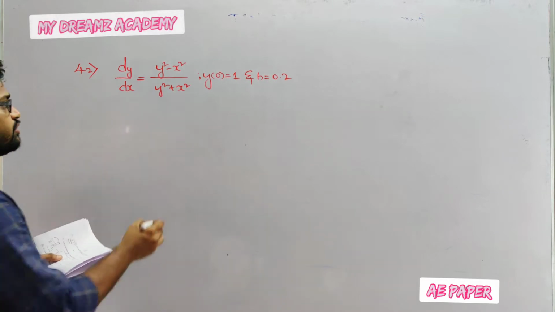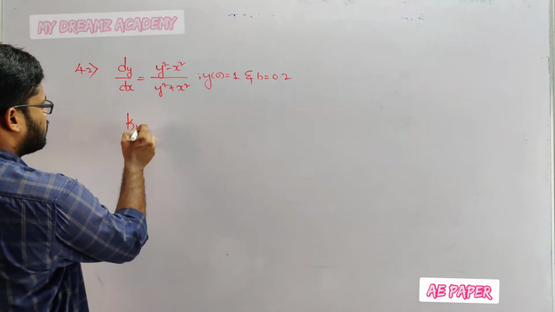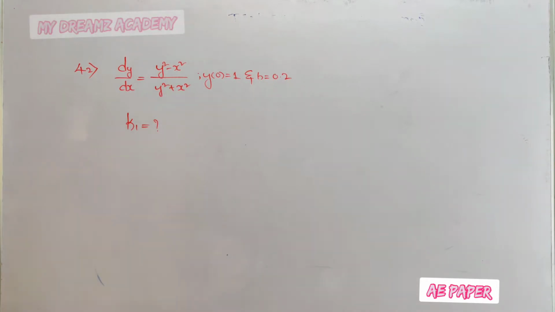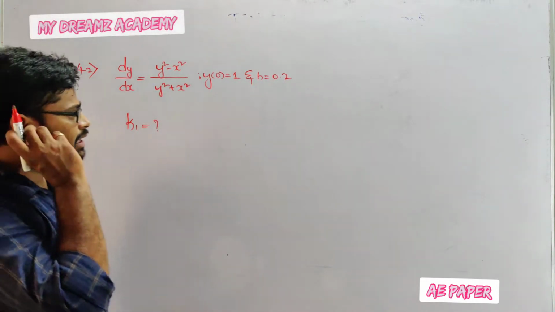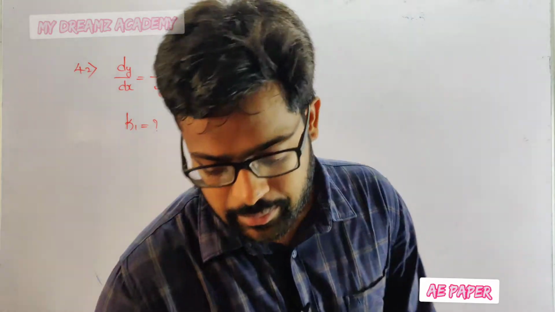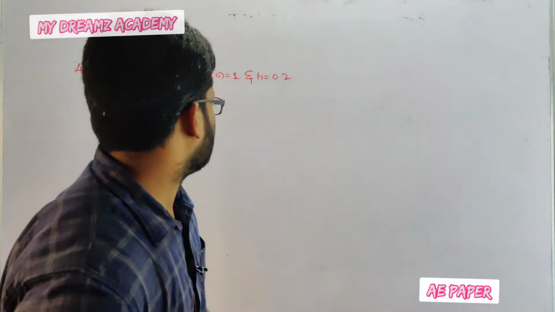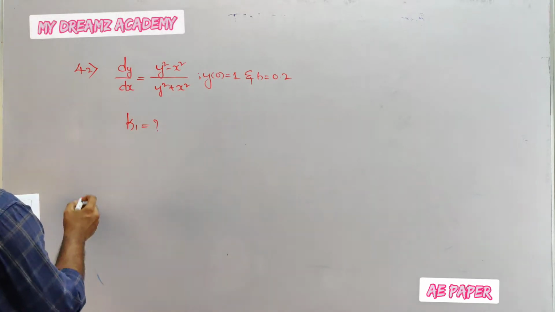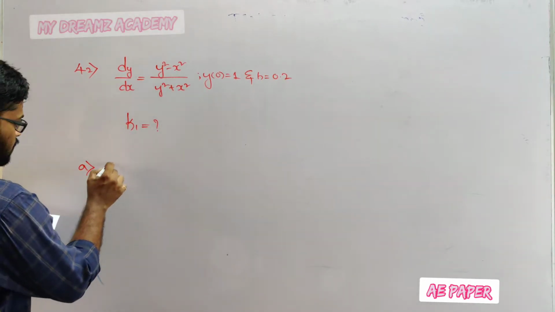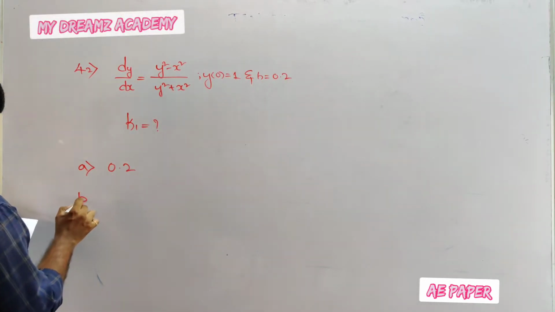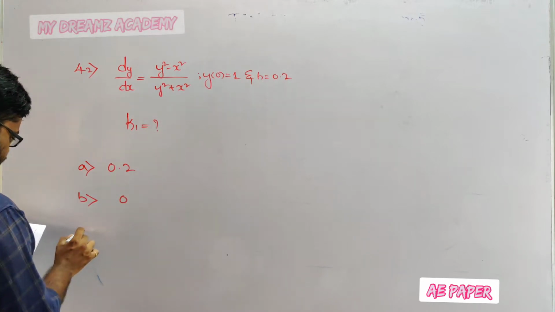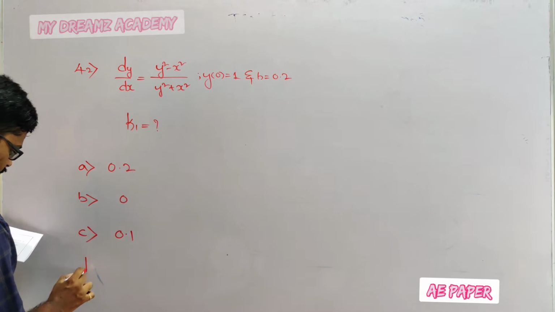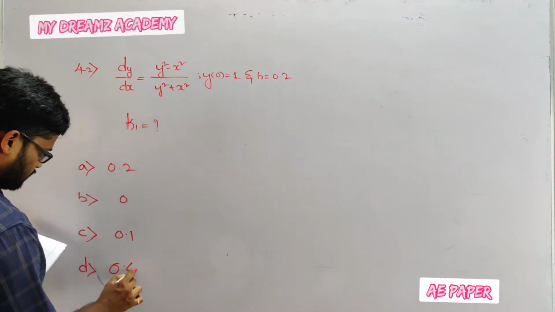Then the value of k1 by fourth order RK method. RK is nothing but Runge-Kutta method. So we need to calculate k1. So options are A 0.2, B 0, C 0.1, D 0.4.